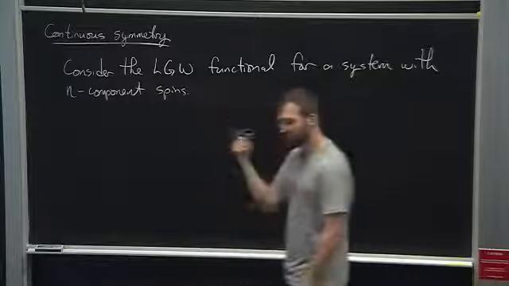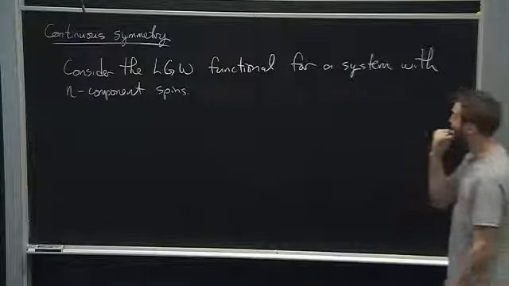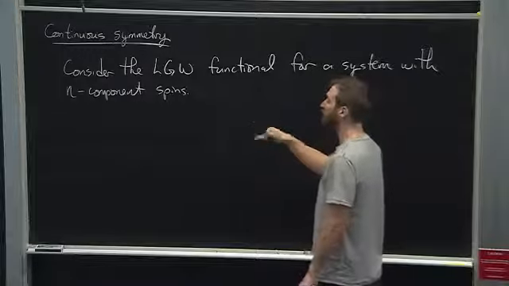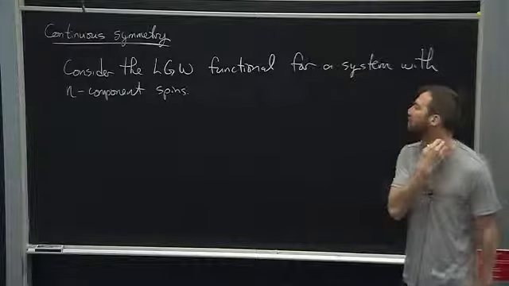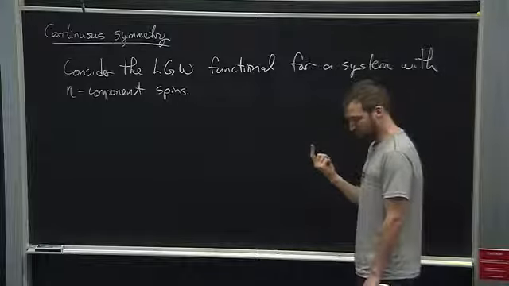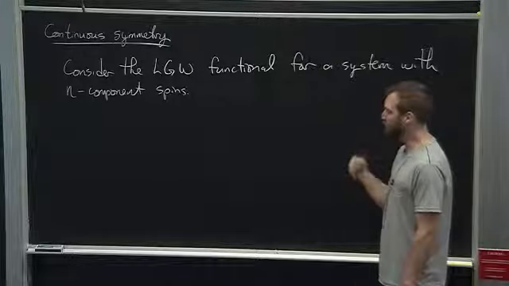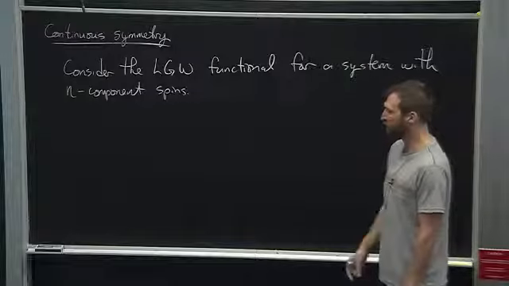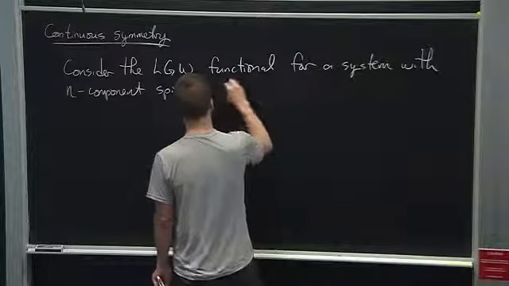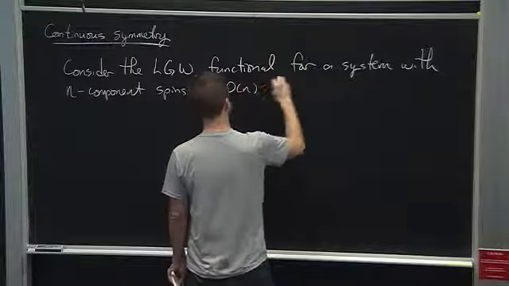So the spins, or the degrees of freedom, are the object of continuous symmetry. They'll have n components. Okay, so if there were just one component, they'd be the scalar theory. 2 components we'll call the O(2) model, 3, O(3), or Heisenberg, and so on. So this is the O(n) theory.